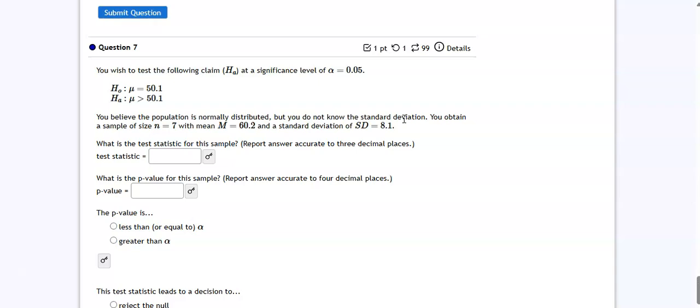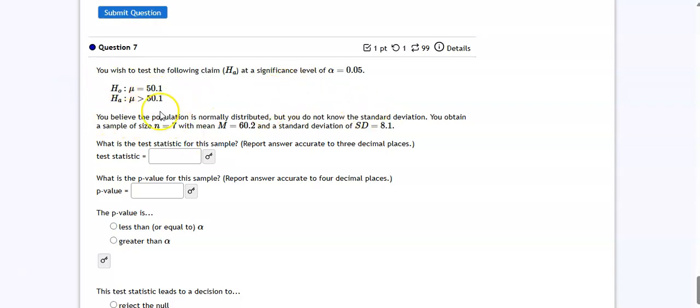Okay, now let's go to 7. I think 7 was a different type of test. It is, okay. So 7, let's notice we have our mean symbol in our null and our alternate. So we're going to do a test for the mean.